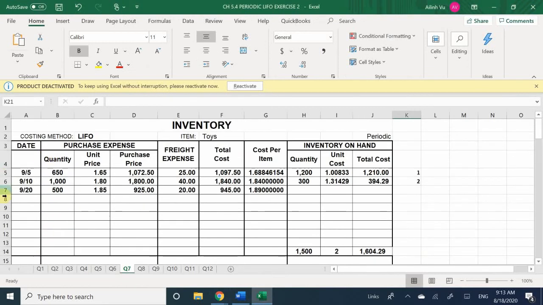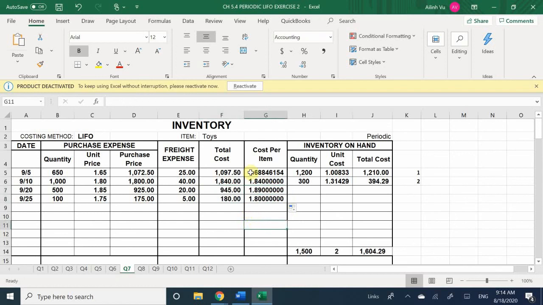Okay, so this was September 25 for 100 items at $1.75, freight $5, so $1.80 per item.